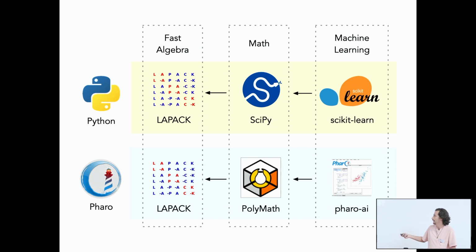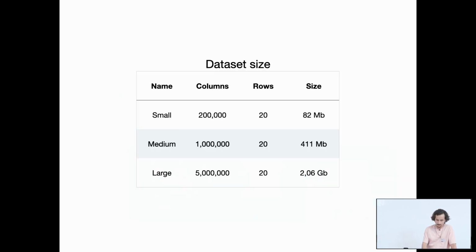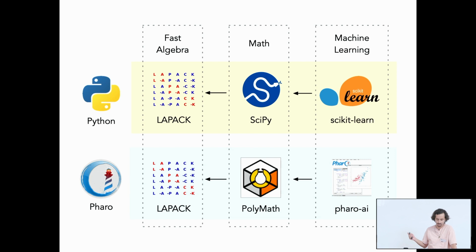Polymath can be very fast, and it is also more general purpose in terms of mathematics, because you can do mathematics not related to machine learning. So we did the benchmark with two implementations of the linear regression algorithm: one in pure Pharo without delegating anything to LAPACK, and the other delegating the most important math computations to LAPACK in Fortran.